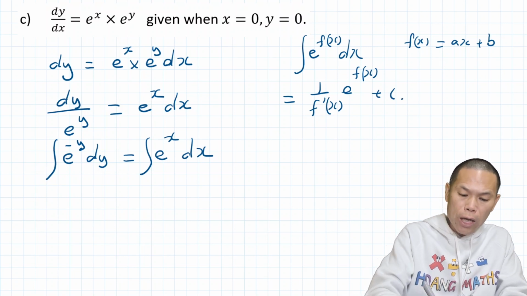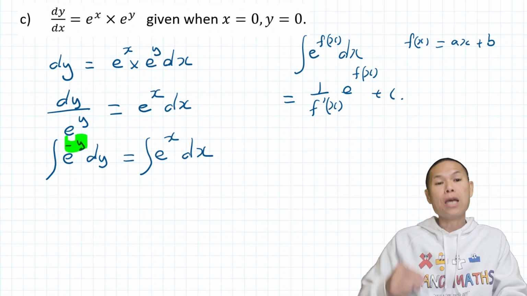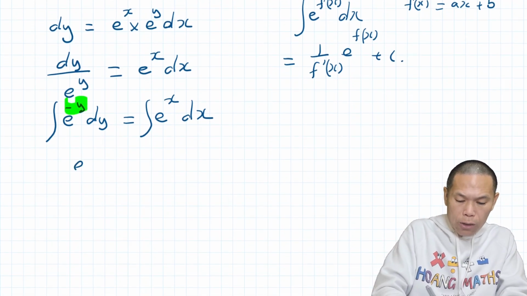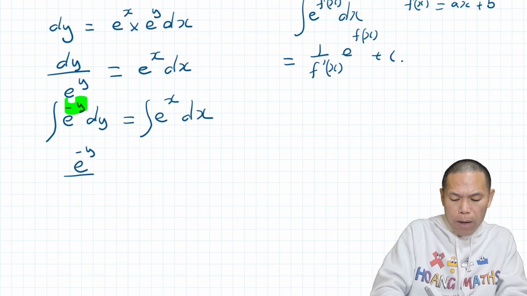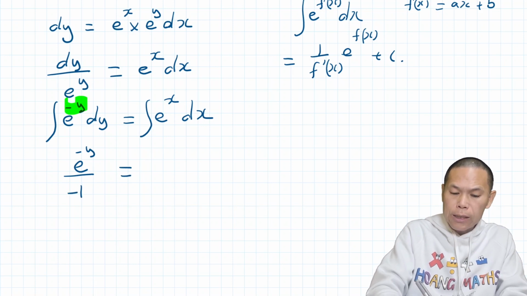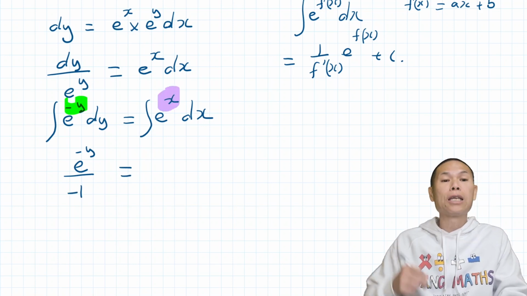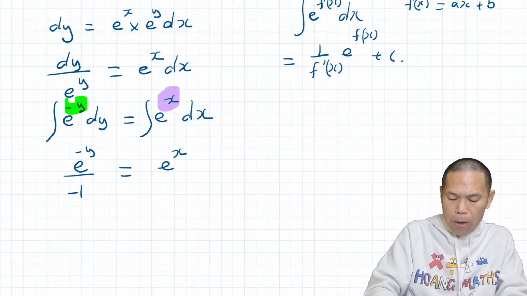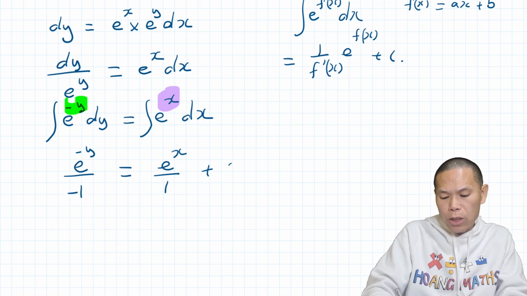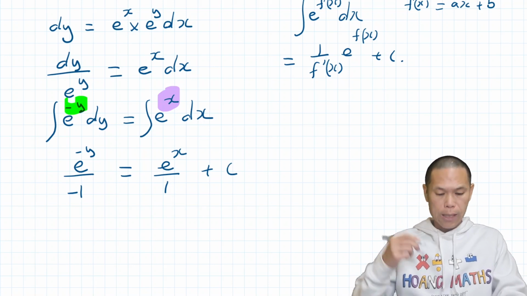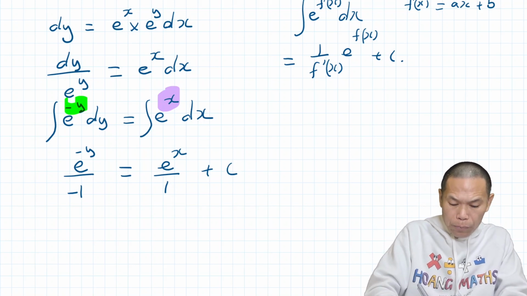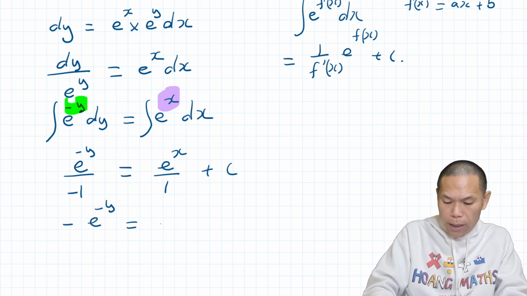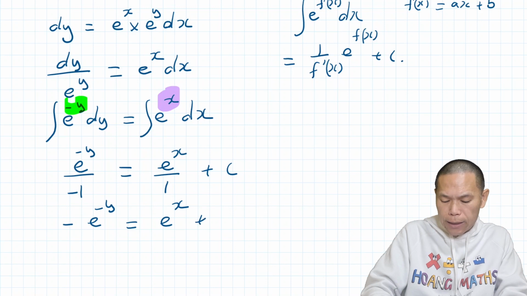So we differentiate negative y, which gives negative 1, so we divide by negative 1. That is e to the negative y divided by negative 1. Same rule applies: we differentiate x, which gives 1, so e to the x divided by 1. And don't forget, we need to add a constant at the end. So negative e to the negative y is e to the x plus c.